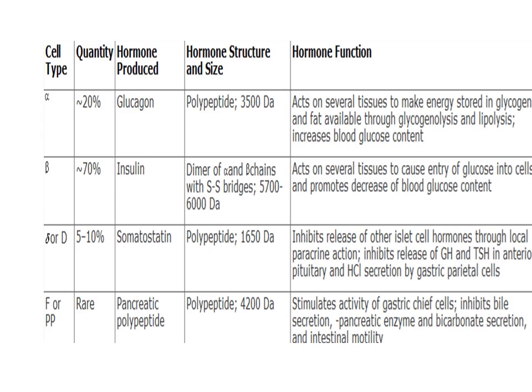Somatostatin inhibits the release of the other islet hormones through local paracrine action, and inhibits the release of growth hormone as well as TSH in the anterior pituitary, and the HCl secretion from the parietal cells of the stomach.